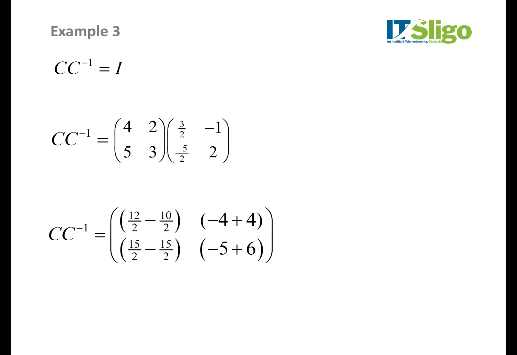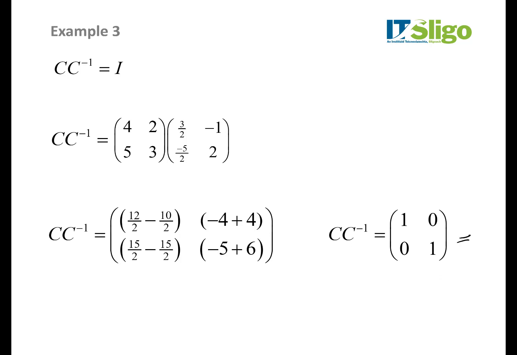So now, when we tidy these up, this will give us 2 over 2. Here, minus 4 plus 4 is 0. 15 over 2 minus 15 over 2 is 0. And minus 5 plus 6 is 1. And that's our resultant matrix.